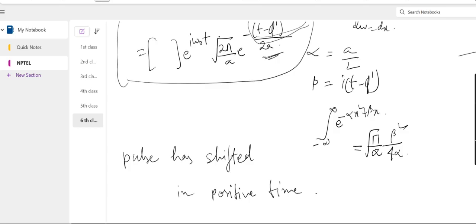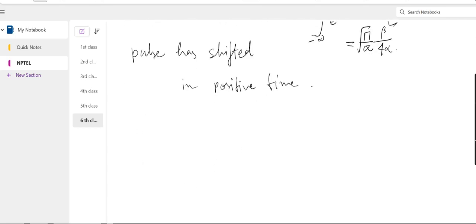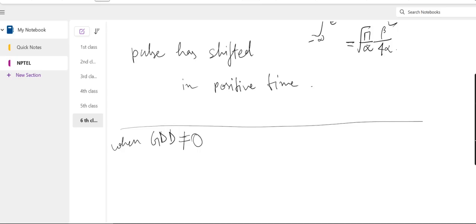So that is the effect when you consider group delay. Now what will be the effect when we consider group delay dispersion? That is again non-zero.